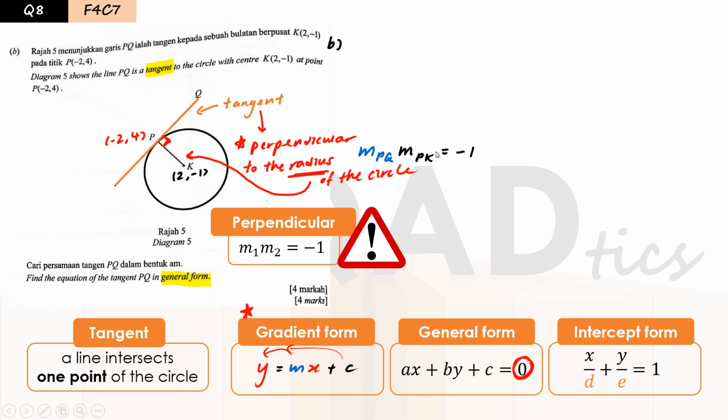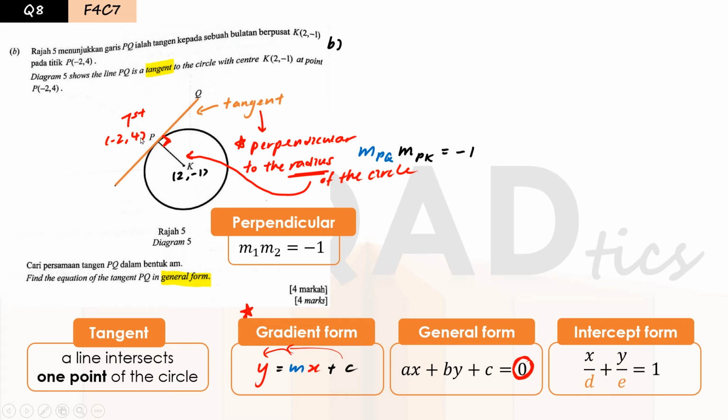Okay, so now let's see if we can find the gradient of line PK. Alright, so in this line, we have 2 points that have the coordinates. So if we want to find the gradient of PK, we can use the gradient formula, which is y1 minus y2 over x1 minus x2. For the coordinates of point P, let us use this as the first point.